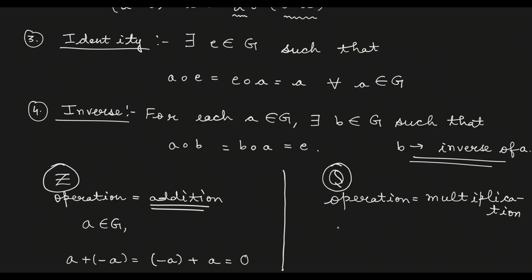So in this case it will be a into a inverse. Yes. And identity in case of rationals for multiplication is 1.